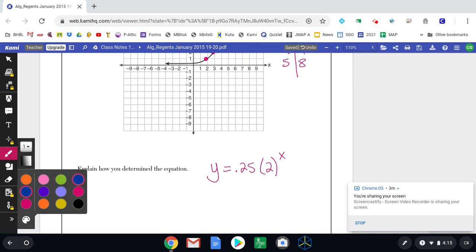Now, I'm going to be honest on how I determined this equation. I used the exponential regression function on my calculator.